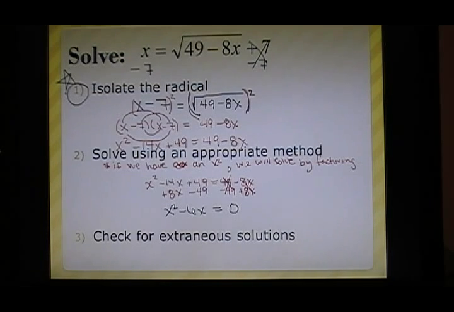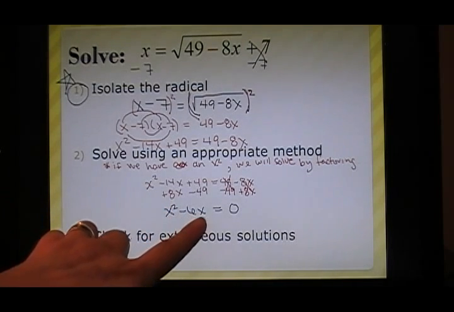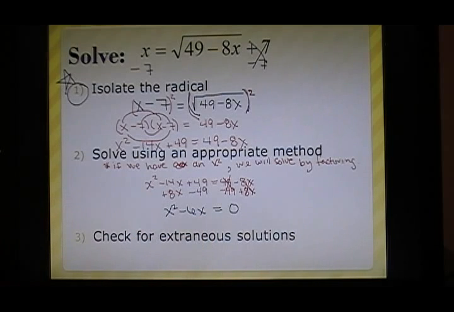So anytime you have a binomial, the first thing you should always look for is a greatest common factor. x squared and 6x both have a factor of x, so that is a greatest common factor. To factor this, I will factor out the x, and that would be x times x minus 6 equals 0. The reason for factoring, again, is so that you have a product.